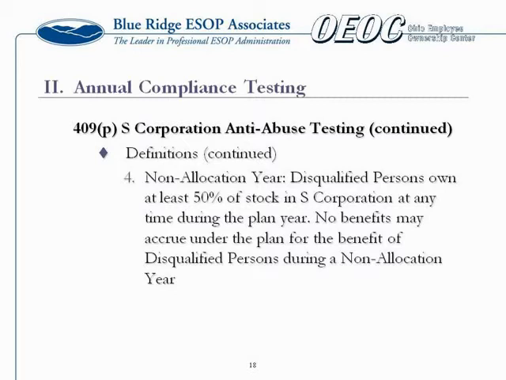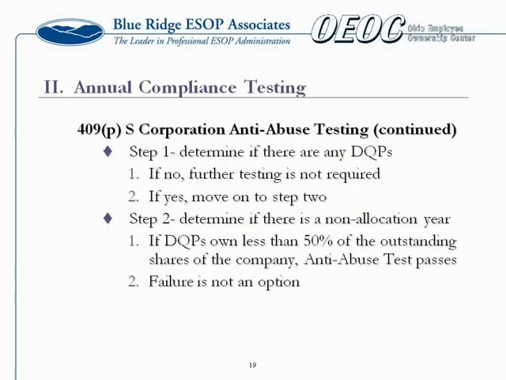So essentially, when we're looking at the test, our first step is to determine if there are any disqualified persons, any DQPs. And if it's determined that there are not, no further testing is required, and we can stop at this point. We'll say everything looks good. If there are some DQPs, either individually or as a family, we must move on to step 2.